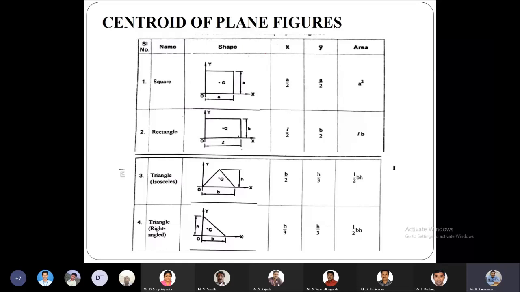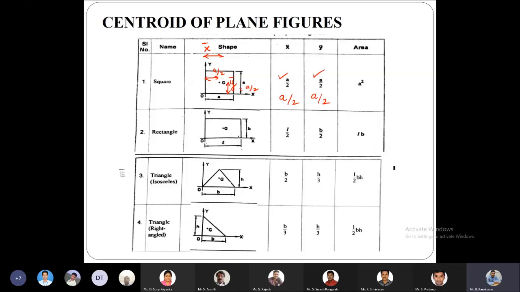The distance between the centroid and the OY axis is the x bar, and similarly the distance between the centroid and OX axis is y bar. Here you can see that this distance is going to be a by 2, and for y bar also it is going to be a by 2. Therefore we will be using a by 2 and a by 2 for x bar and y bar.